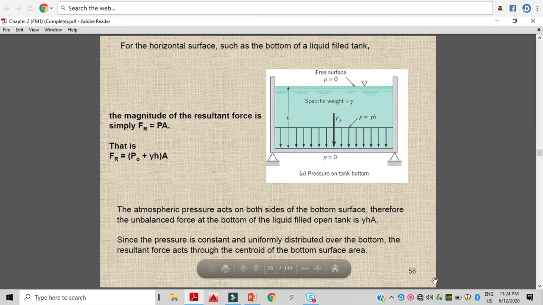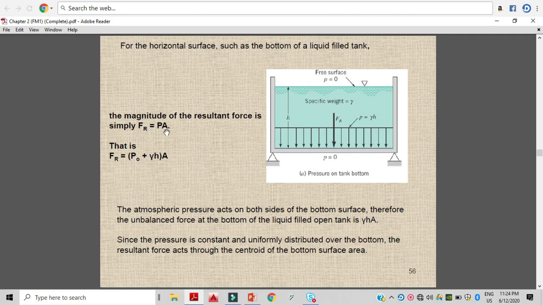The net resultant force is equal to pressure acting on a surface area, where A is the area on which the pressure is acting.